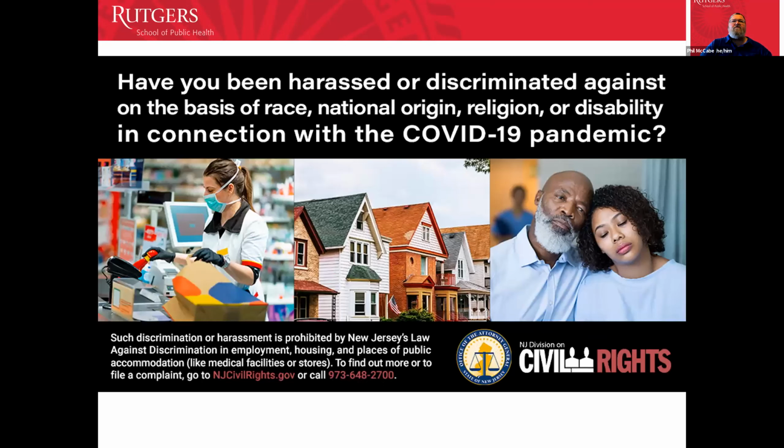Going back, there are other media campaigns that have been used and adopted by our state. And again, this gives information about the New Jersey Division on Civil Rights and how to contact them. You can go online and fill out a complaint, or you can call their helpline number. These were specifically set up for discrimination on the basis of race, national origin, and religion, in connection with COVID-19 and the pandemic.